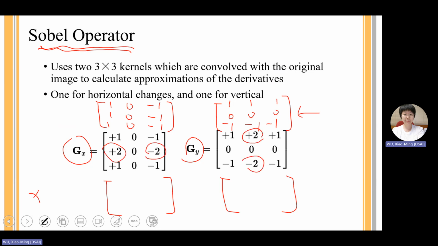The differences are exactly at this position. For the derivative filter, we have all 1. But for the GX and GY, because it's the derivative of Gaussian, for the Gaussian filter, the weighting is 2 instead of 1.